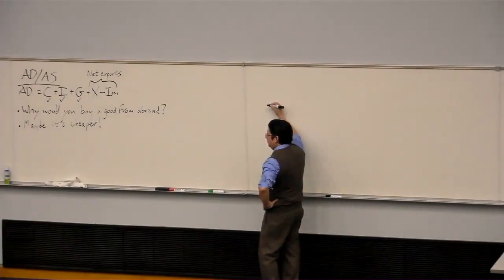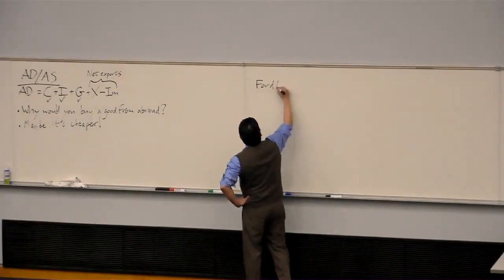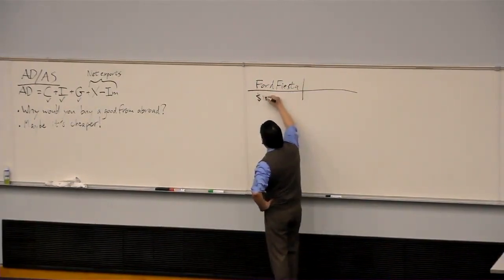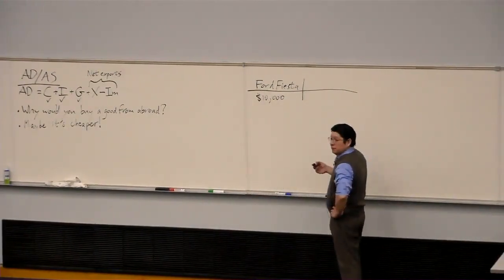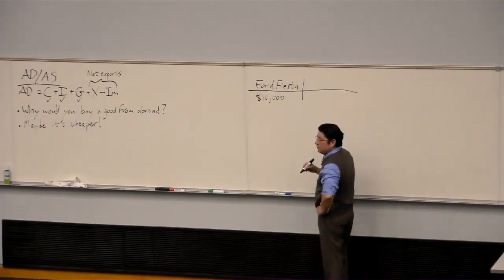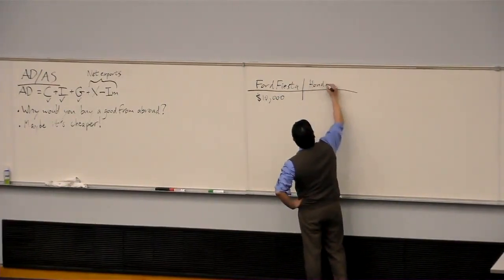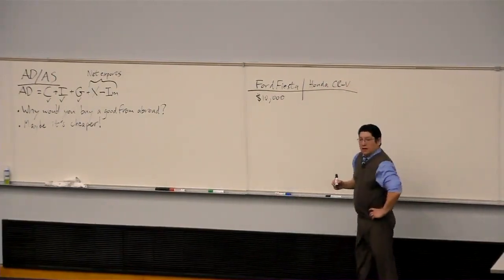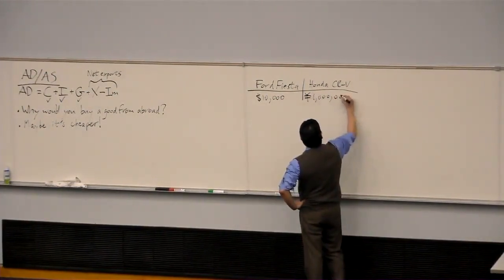Let's imagine a pretty simple standard US car, let's say the Ford Fiesta, and it is available for, let's say, $10,000. It's not the fanciest of cars, but it'll get you where you need to go. And now let's think of a foreign-produced counterpart. How about the Honda CR-V, made in Japan? And that costs 1 million yen.